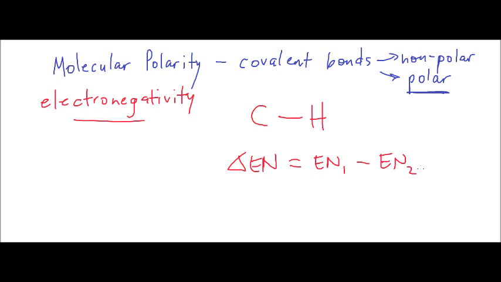We're not going to worry about the range because that was in my previous video. But what we're looking at is which of these atoms in this bond, carbon or hydrogen, is higher in terms of electronegativity.